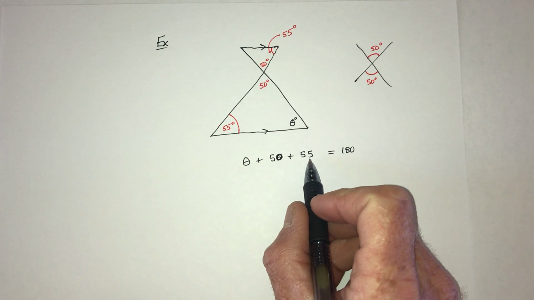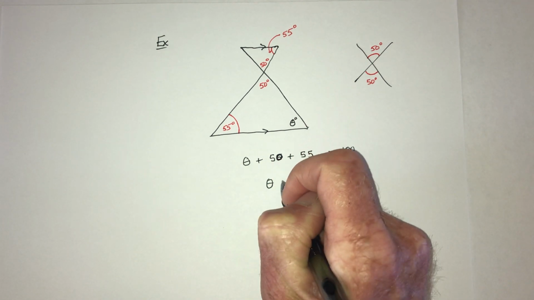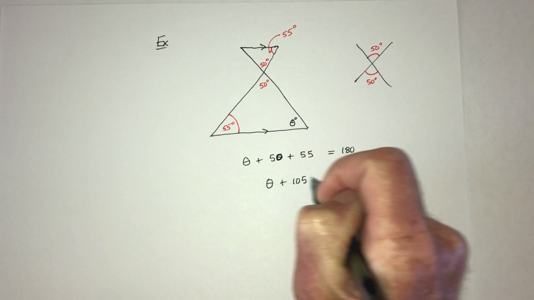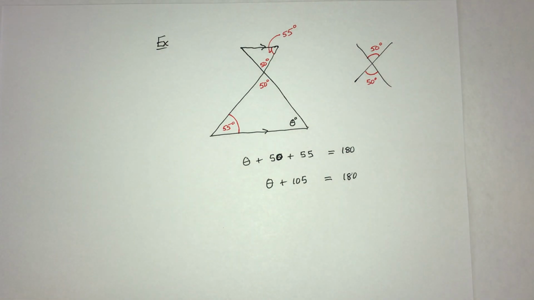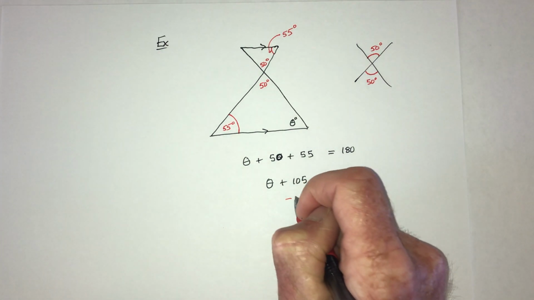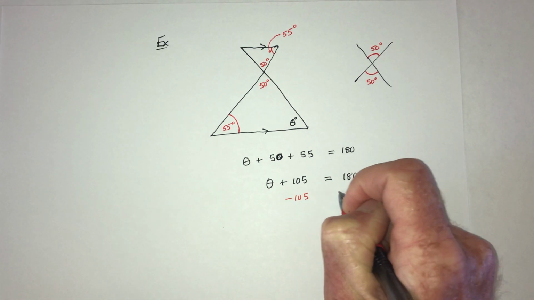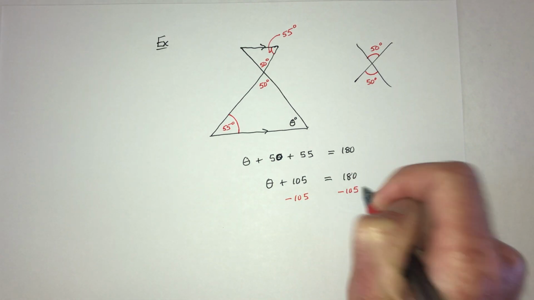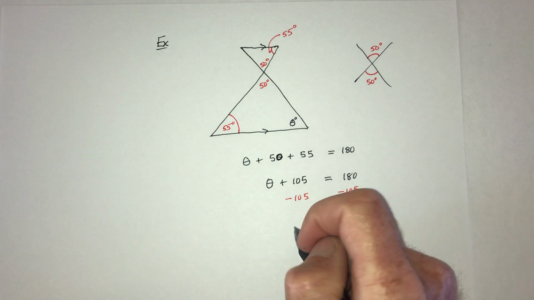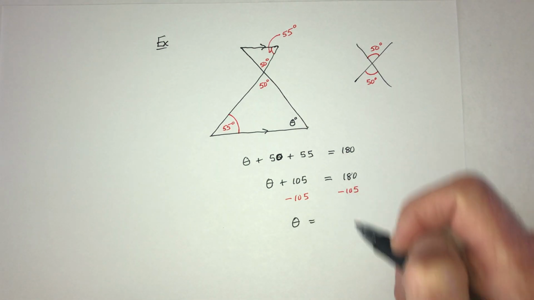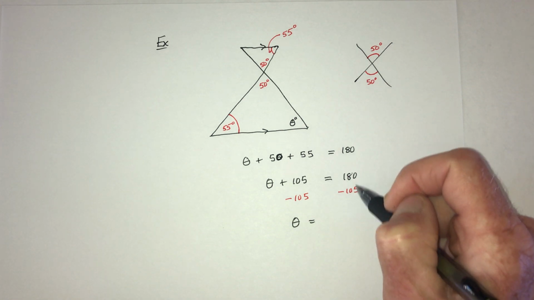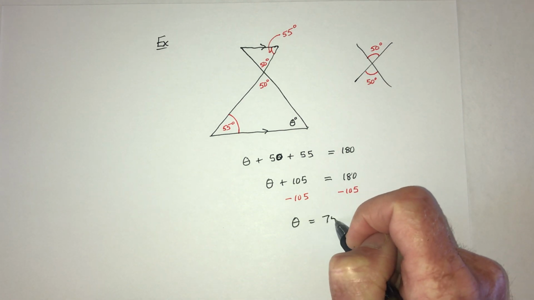So a 50 and a 55, that would be 105. And then the last thing to do is subtract 105 from both sides. For this one, I don't even need a calculator because the 100 minus 100, those are gone. And then 80 minus 5 is 75.